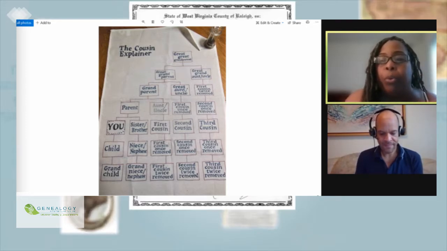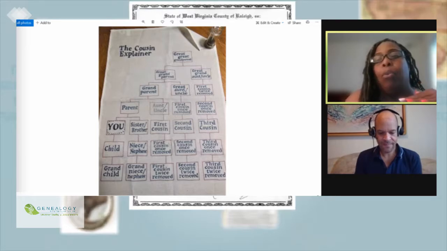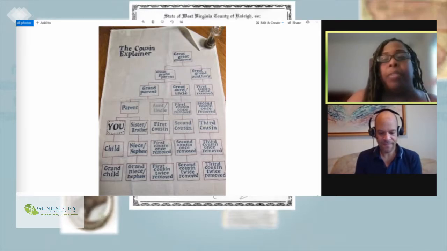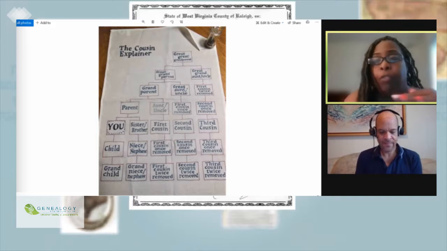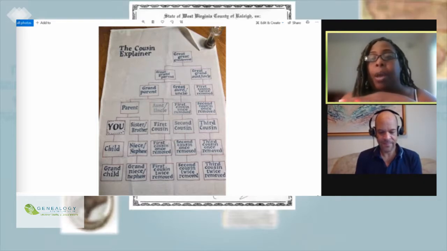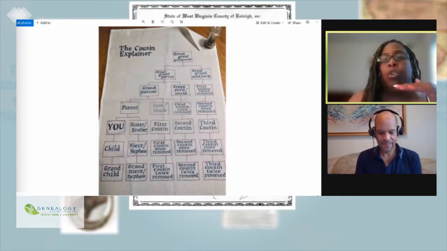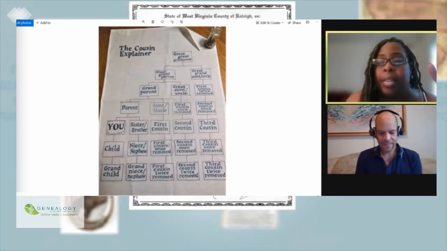But that's what the remove means. The remove means a person who is not on the same generation level that you are on. So if you have 70 first cousins, all of you guys share a grandparent, then all of you are on one generation. But when you go up to the next generation, the great grandparents, that means you're now knocking on the second cousin's door.